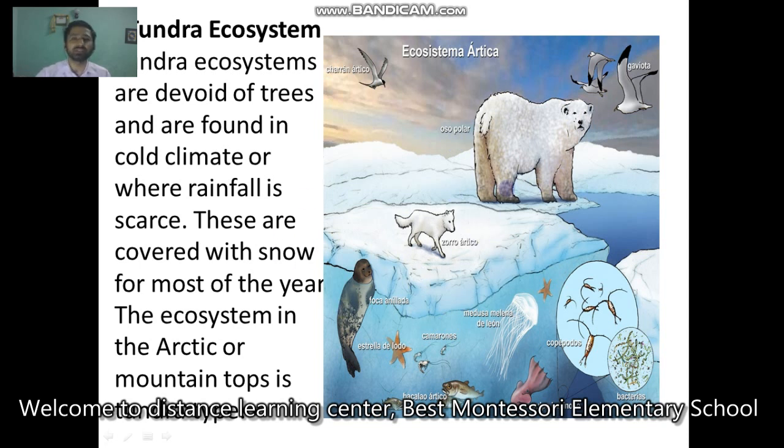Look here, these are the creatures that can survive in the tundra climate. And the other non-living components are according to the climate.